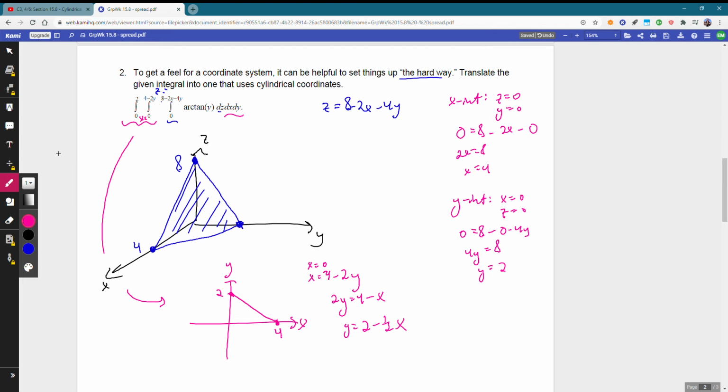And if we look at what y's we do this for, we're doing this for y from 0 to 2. And notice that is exactly giving us this line segment here.